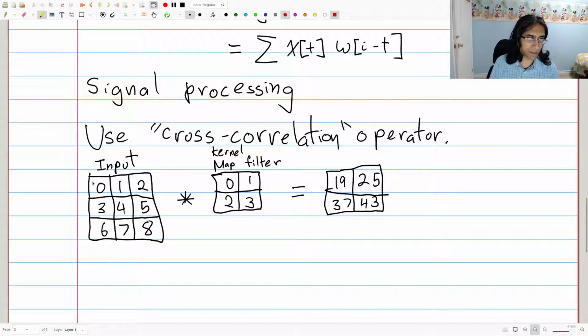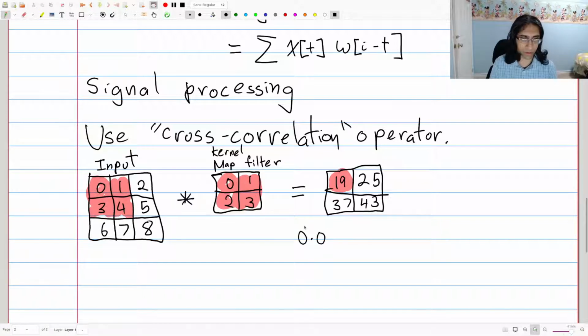So let me be a bit more precise. To generate the top left element of the output, you take the inner product of this and this, and that'll give you this. So let's just do the calculation, just so that it's totally clear. All you do is take the inner product of the corresponding elements.